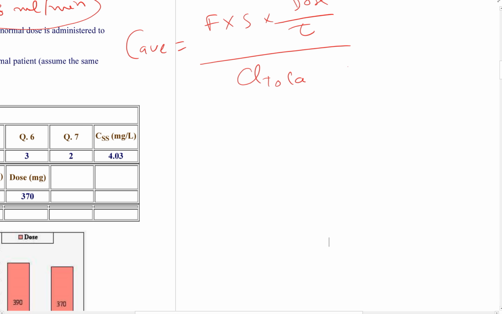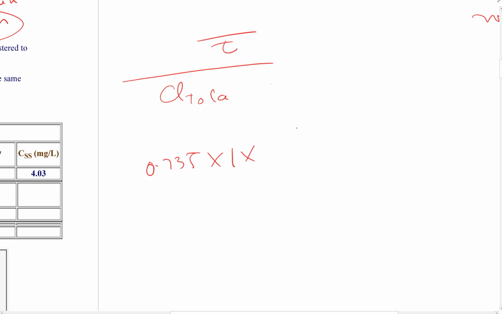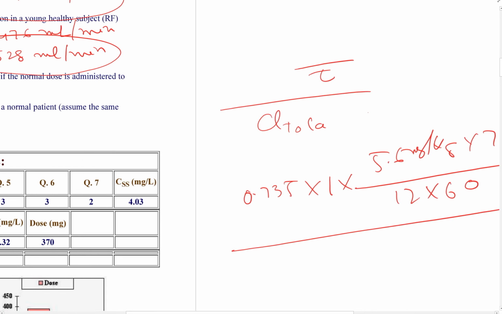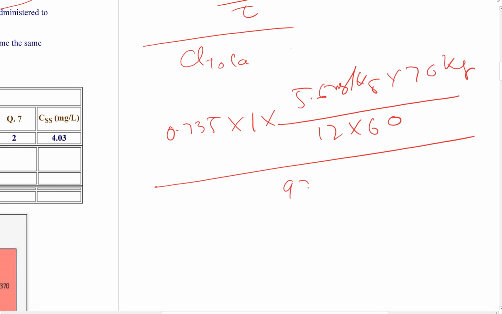F is 0.735, S is 1, and the dose is 5.6 milligram per kilo times 70 kilo divided by 12, and the new CL total is 92.9528, which will give you 4.305 milligram per liter.